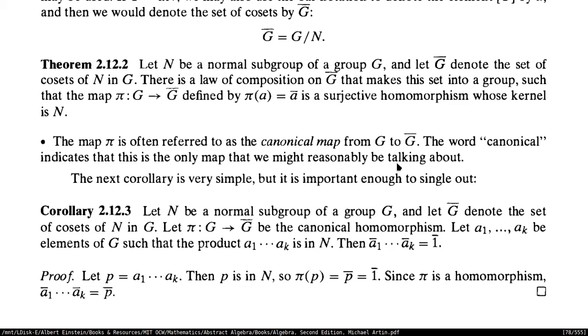The associative law: if you take three elements of Y, since phi is surjective, any element yi can be written as the image of some element in G. So you can take the product of y1 and y2, and then the product with y3, and that would be equal to phi of x1 times phi of x2, then times phi of x3.